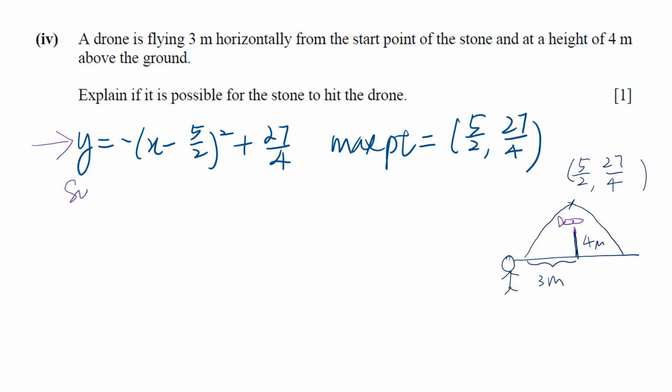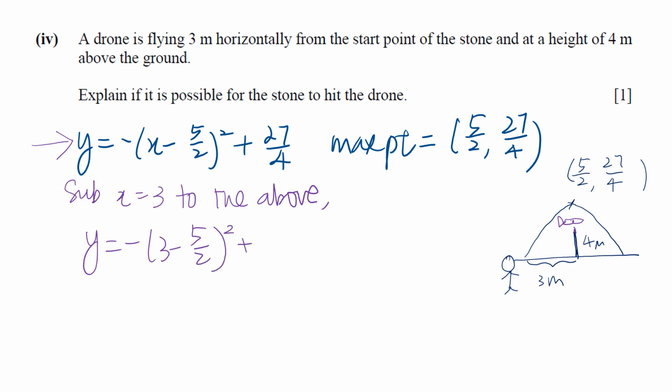We're going to substitute x equals 3 into the above to see what is the height of the stone when it is 3 meters from the ground. And we get 6.5.